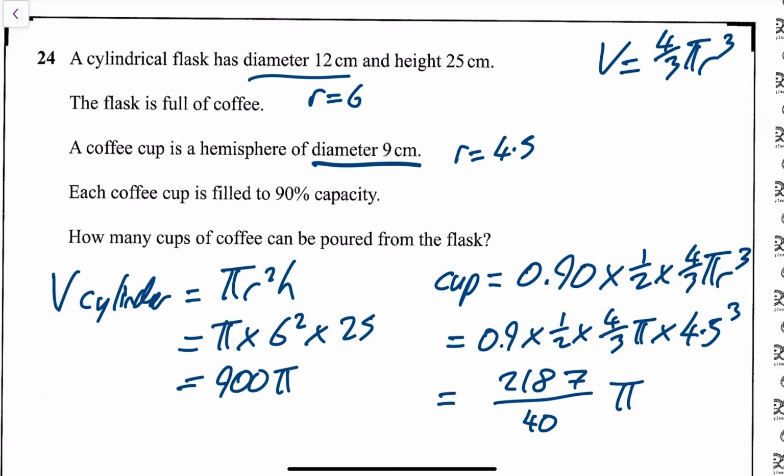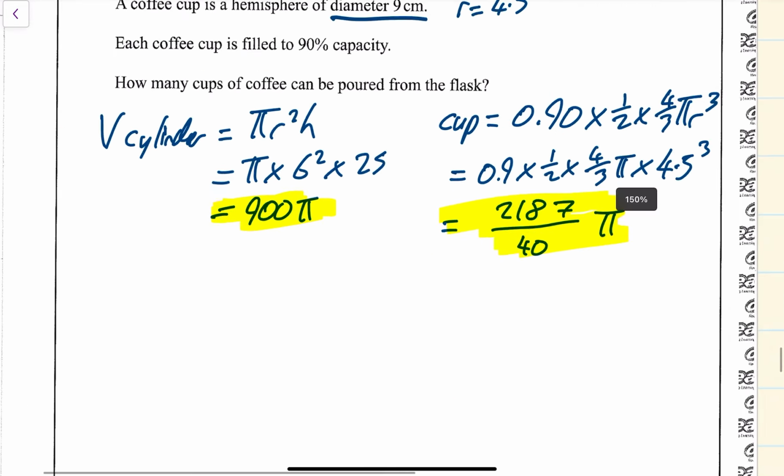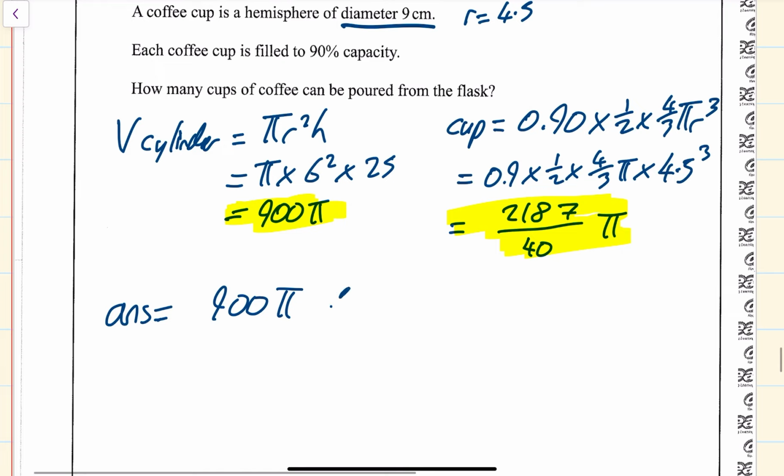So I've got the volume of my whole amount, and then the volume of 1 cup. I want to see how many cups can be filled, so my answer is 900 pi divided by 2187 over 40 pi.